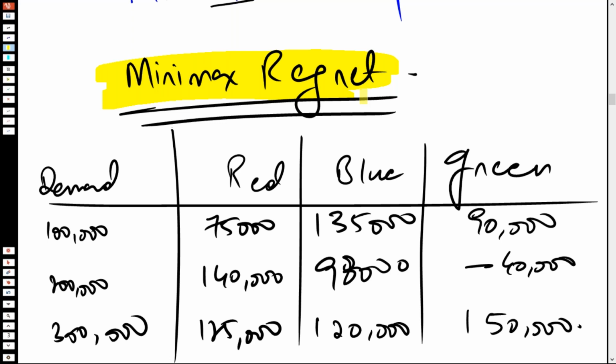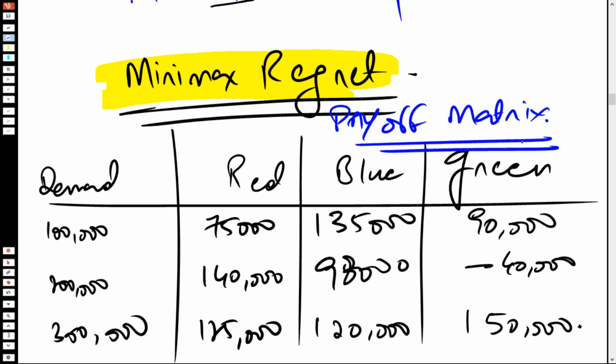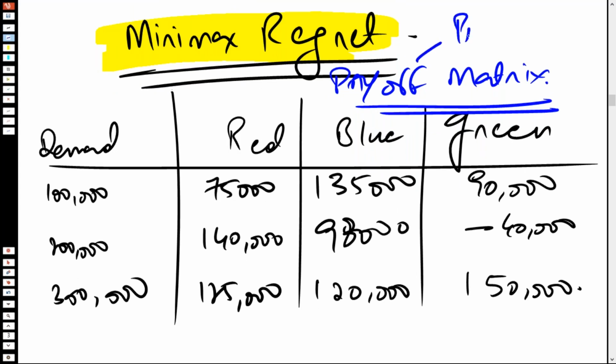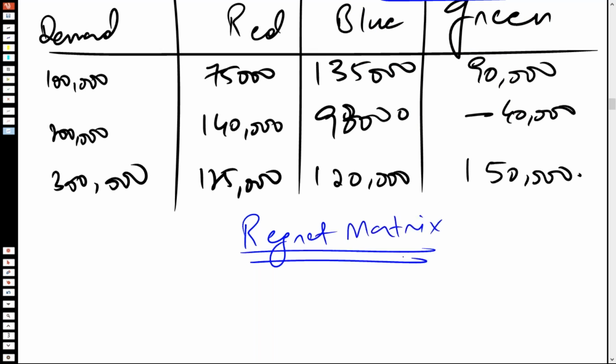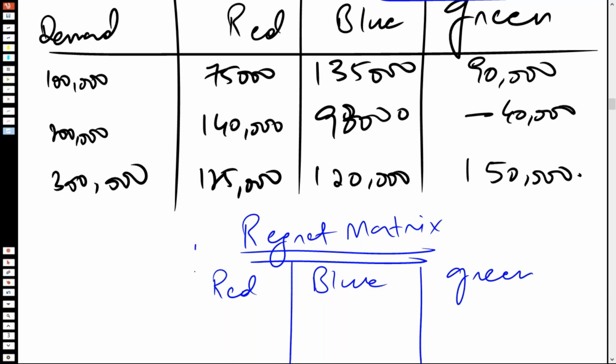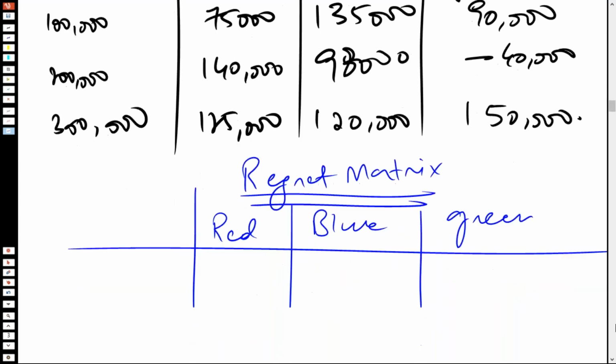What is in front of you is called a payoff matrix. The payoff actually means profit. Now once you have got the payoff matrix, the next thing that we do is create a regret matrix.